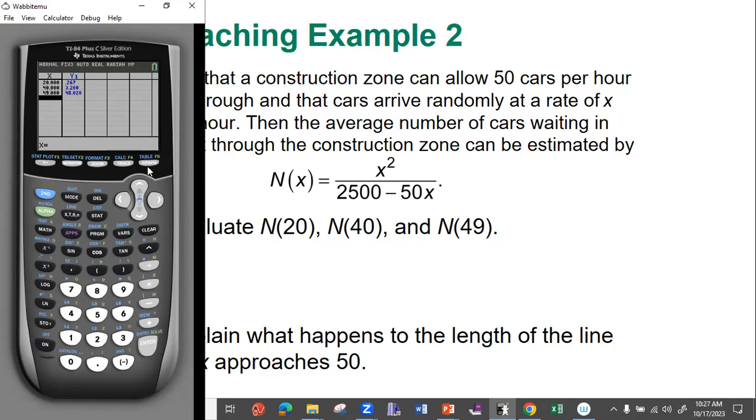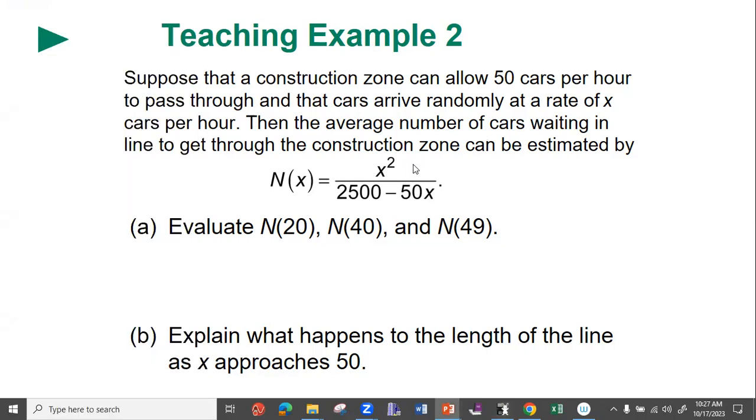Yeah. Okay. So we have 20, 40, 49. And it's saying, in terms of this problem, what are these telling me? What is the n telling me? N is the what?